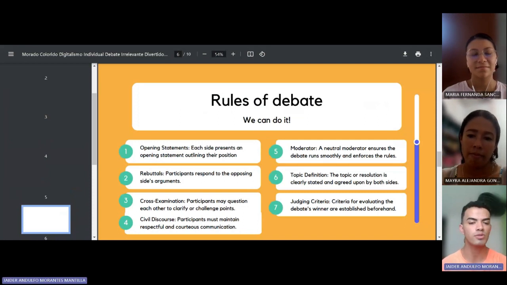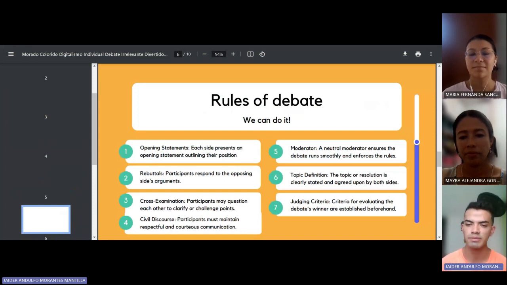Participants may question each other to clarify or challenge points. Civil discourse. Participants must maintain respectful and courteous communications. Moderators. A neutral moderator ensures the debate runs smoothly and orderly.